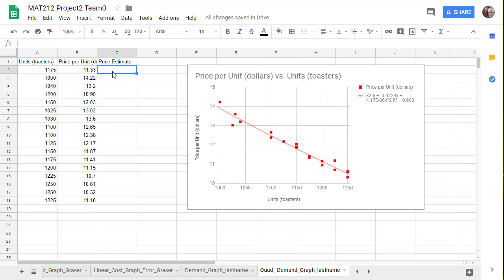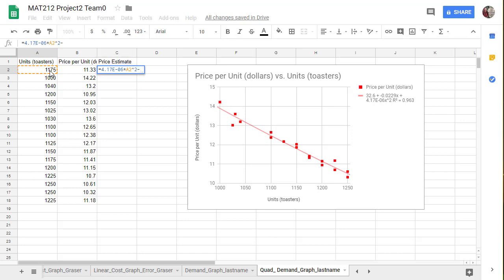So I'm going to start with equals, and I'm going to type 4.17 capital E minus 0.6 times, so a star, and it's going to be 1175, and I'm going to use the caret key above the 6, a 2 to tell it that it's squared.